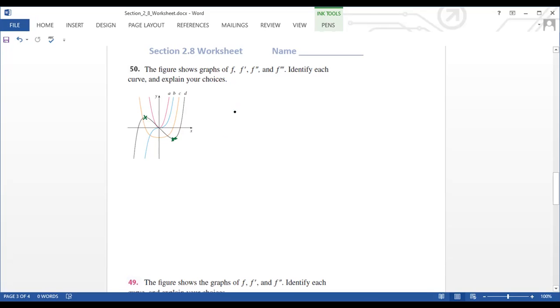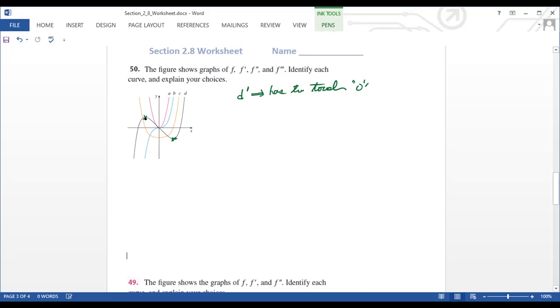So for D, because of these changes, that means the derivative of D has to touch 0 at these 2 points, right? So which one is most likely going to touch 0?